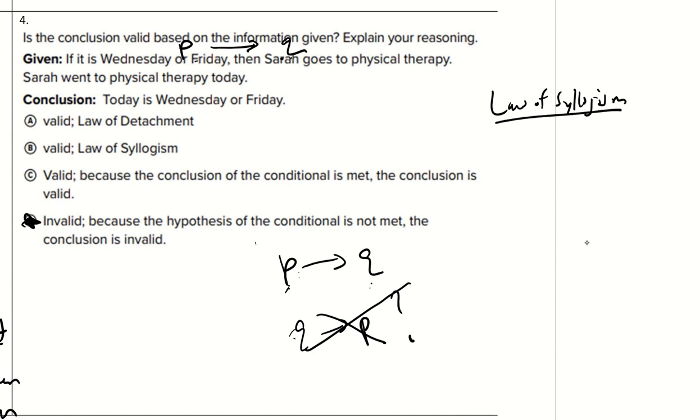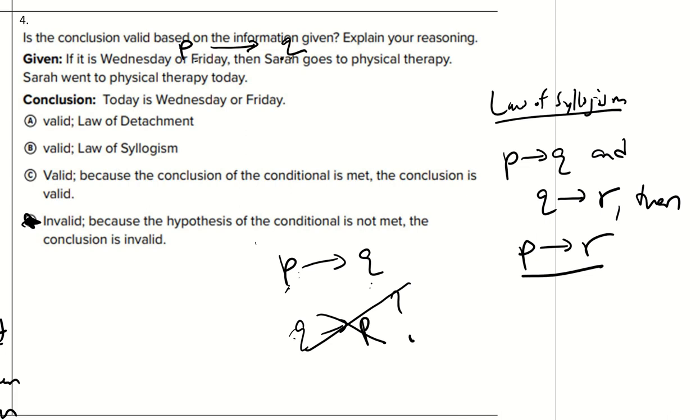The law of syllogism states that if P implies Q and Q implies R, then that means that P implies R. Okay?